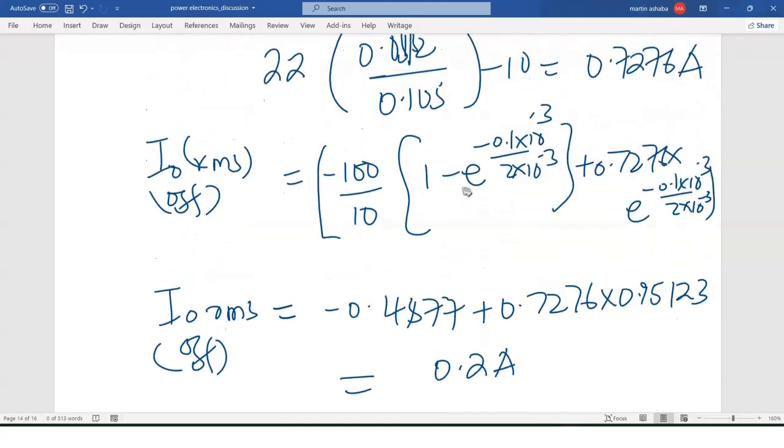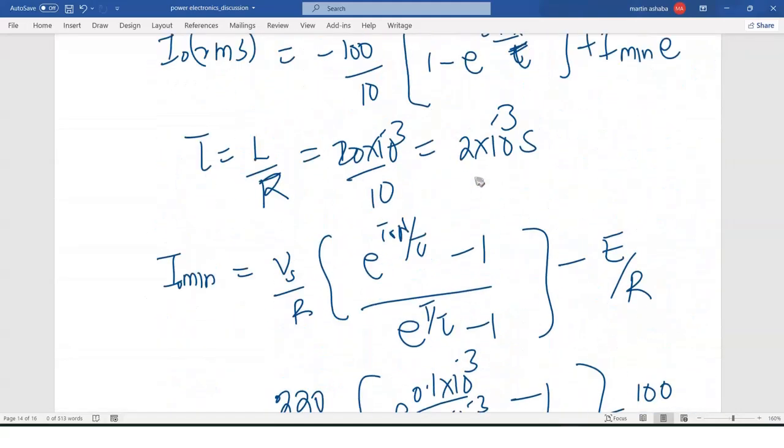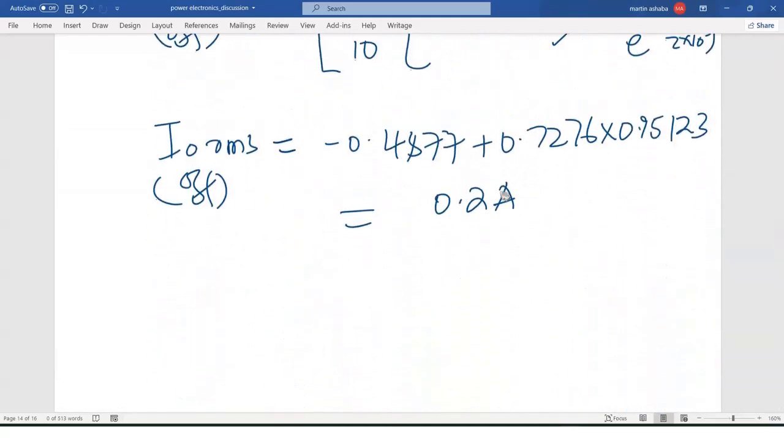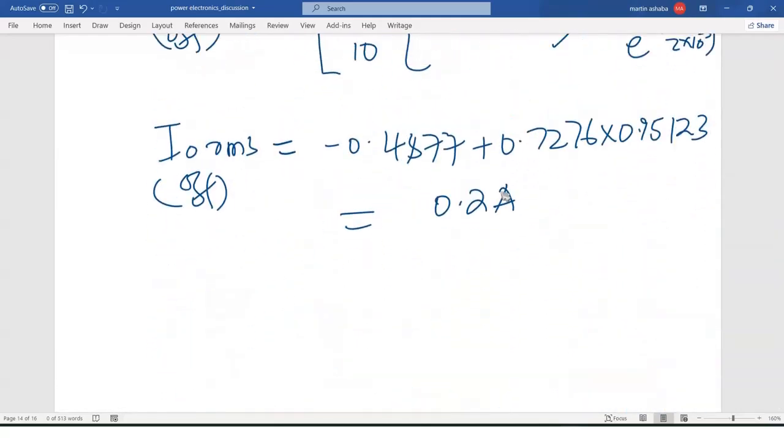So when the chopper is off, the freewheeling diode will conduct a current equivalent to 0.2 amps.